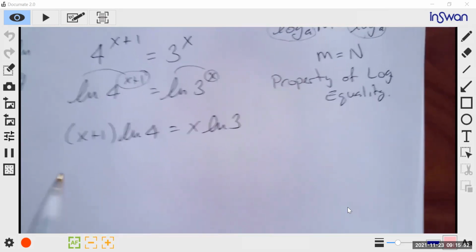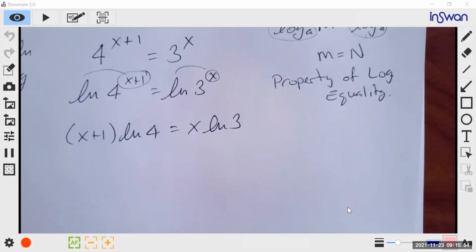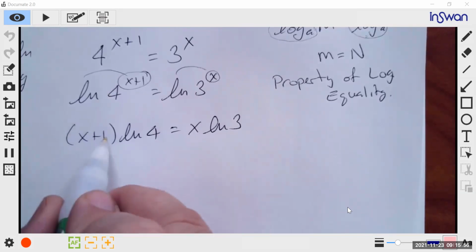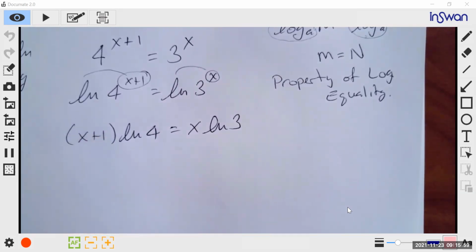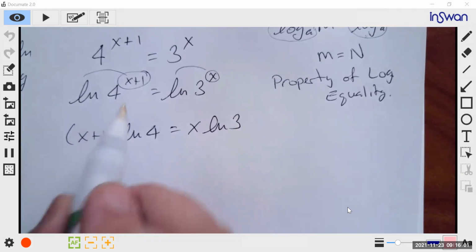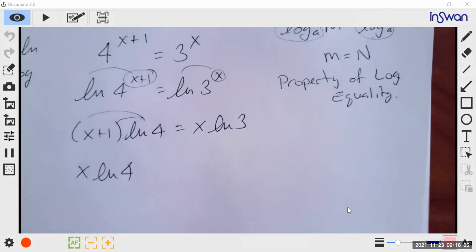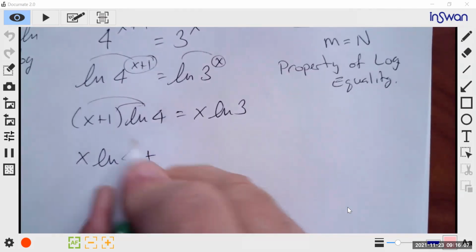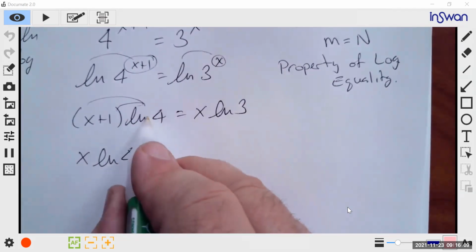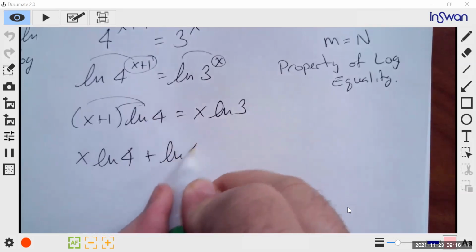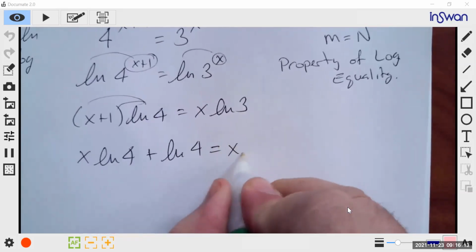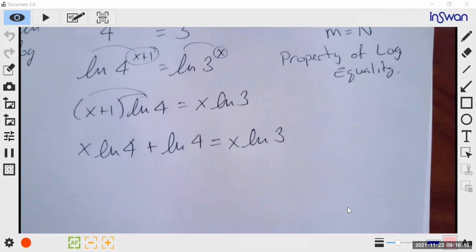We're trying to solve for x, remember? So we have to get rid of the parentheses here. Distribute. So we have x ln 4, 1 times ln 4 is ln 4, equals x ln 3.